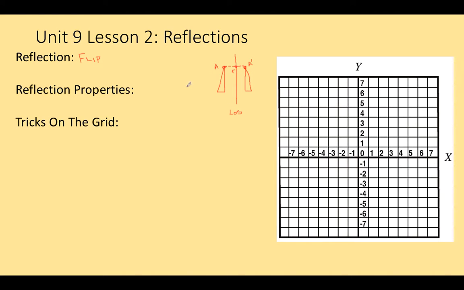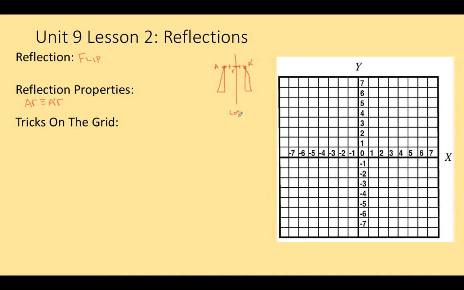Well, 2 things that we need to know. Number 1, AR is going to be congruent to A prime R. And so these 2 things are congruent. They are the same distance from your line of symmetry.